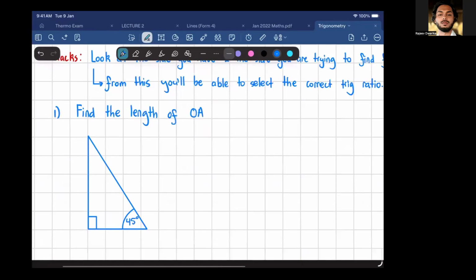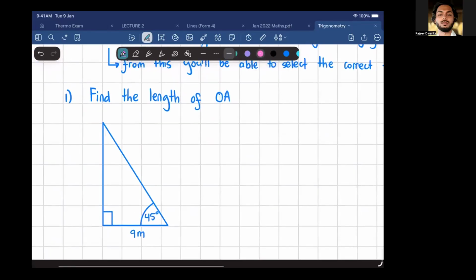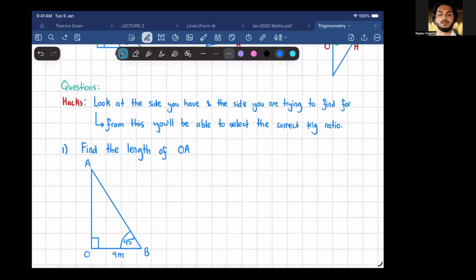And give me this length over here. Give me a random length. 9. Right? I'm going to call this O, A, B. All right. So as soon as you have this copied down, let me know, and I'll do the question with you guys. And then I'll give you one to try.